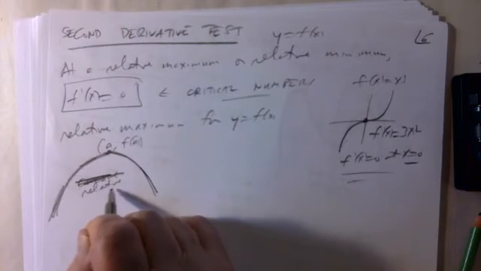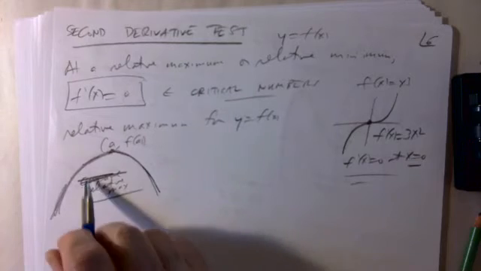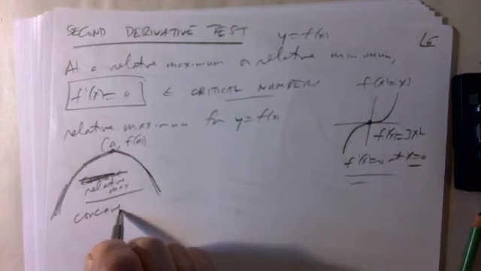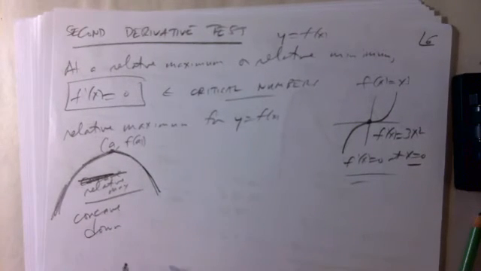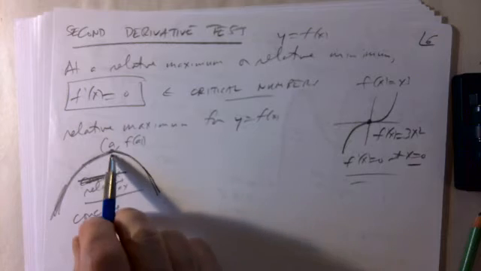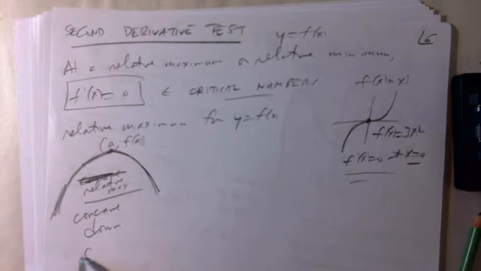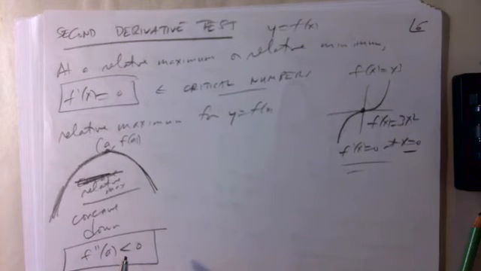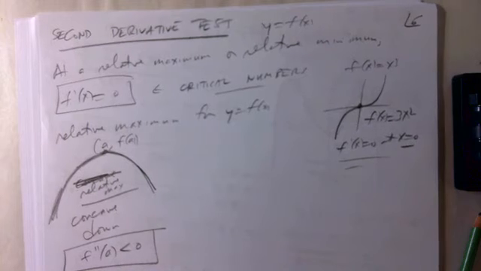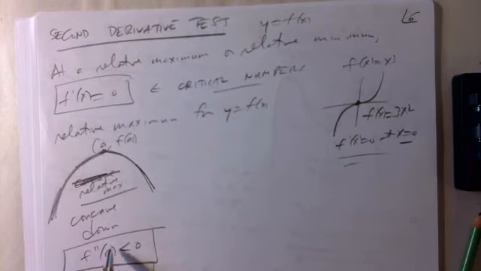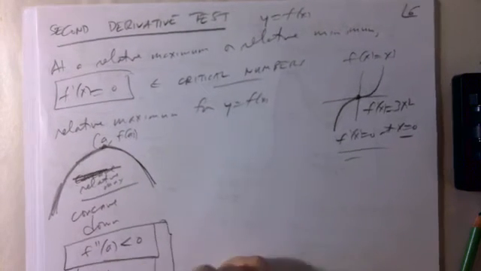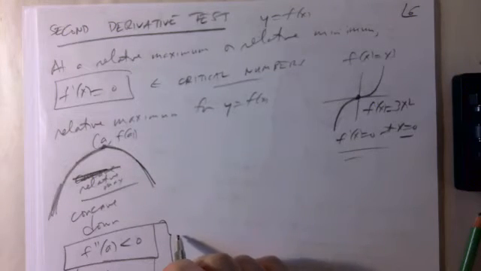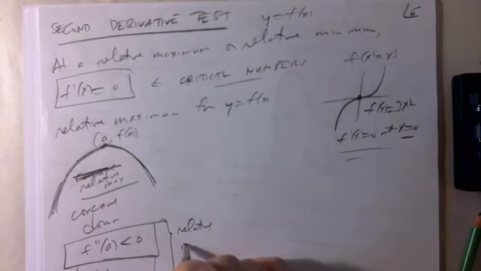What is the concavity? Where you have a relative maximum, your curve is concave down. Where the curve is concave down on an interval, the second derivative is negative. So if f prime of a equals 0 and the second derivative is negative, you can conclude that there's a relative maximum.